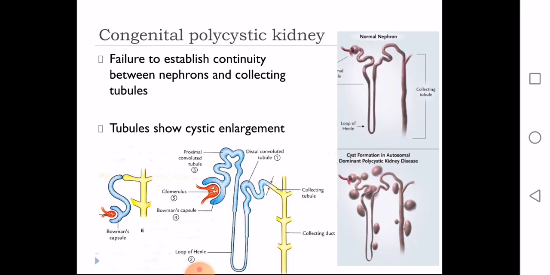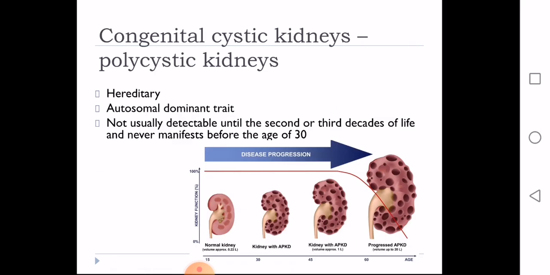See the second diagram. You can see cyst formation in the tubules. So this is related to a condition called congenital polycystic kidney disease. It is a hereditary disease and you must have heard about it when you learned genetics.